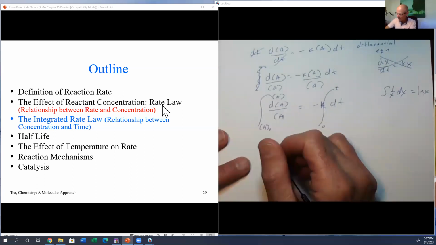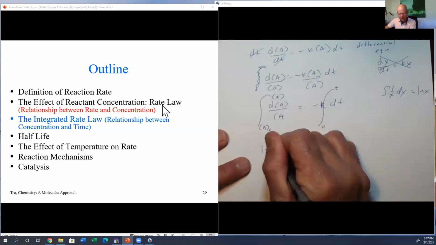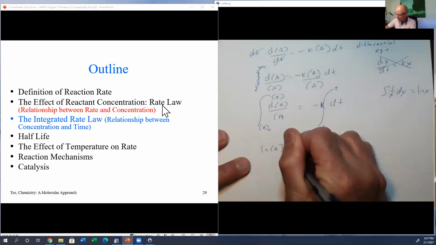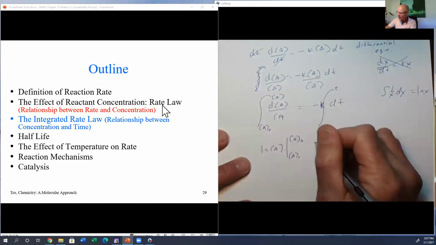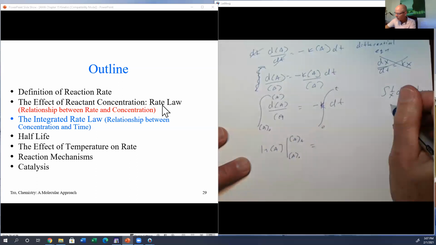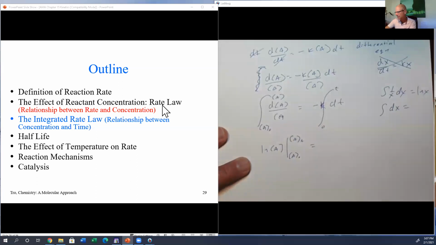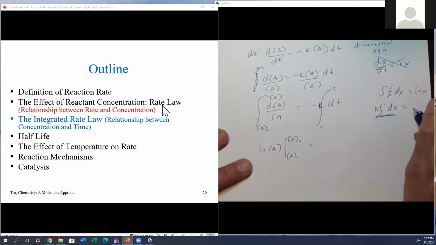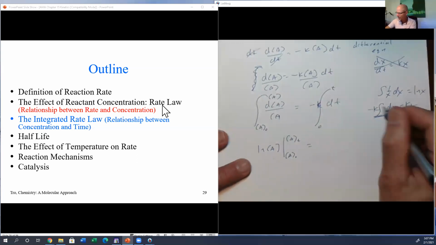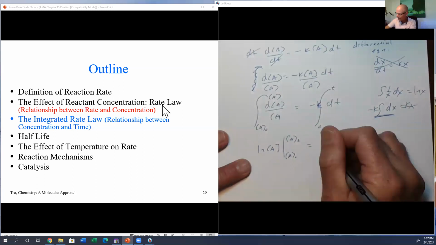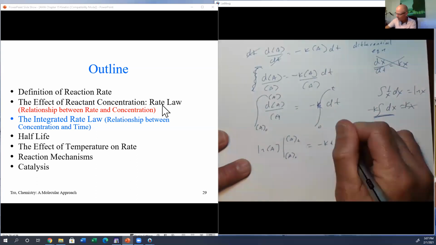So I get the natural log of A, evaluated from A0 to A. On this side, the integral of k dt is kt, so with the minus it's minus kt from 0 to t.